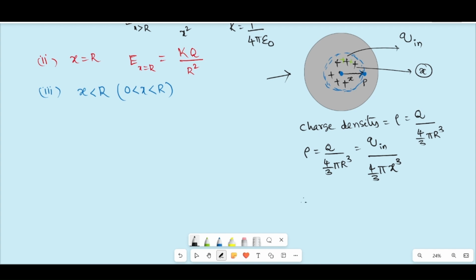From this we cancel 4 by 3 pi, equate both, and q inside is q x cube by r cube.